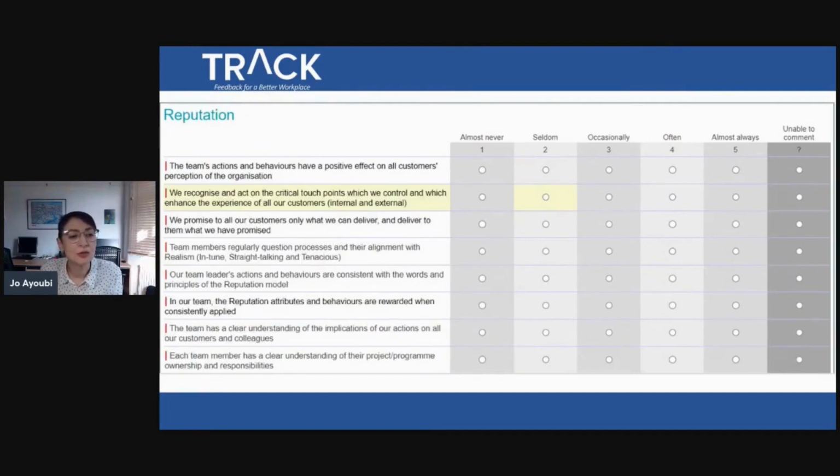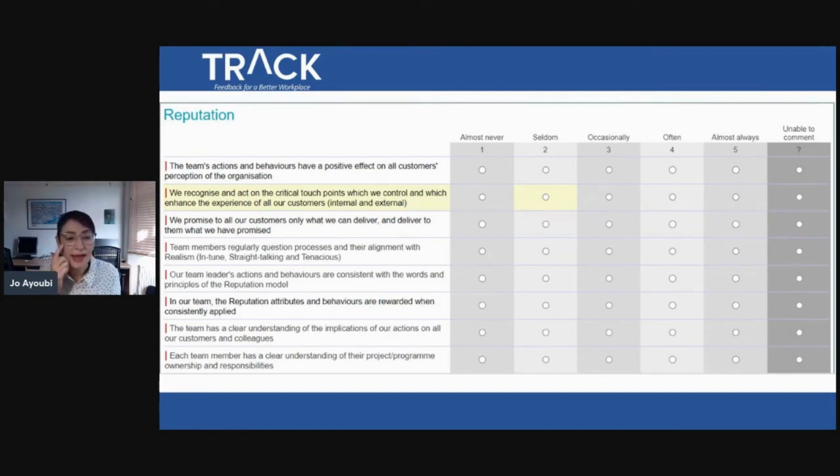Now, this is an interesting one, reputation. And the reason why this particular competency was included is that this was one of the key values of the organization. And therefore, to make this even more tailored and specific, these questions were included in the 360.